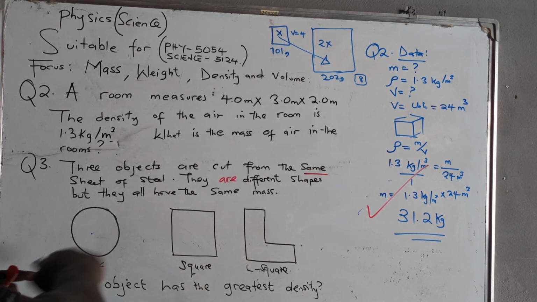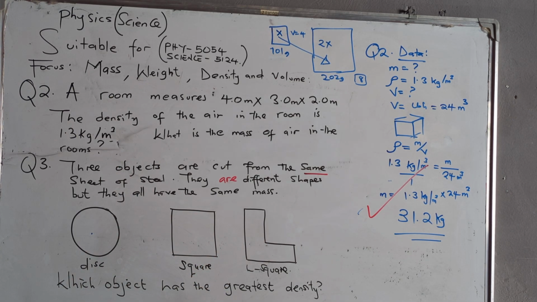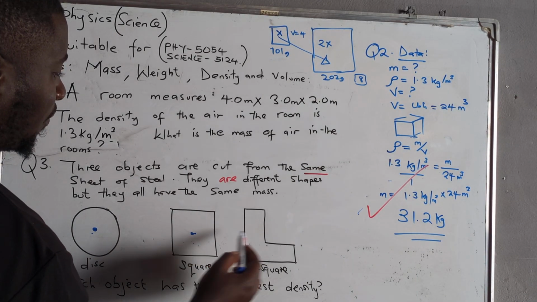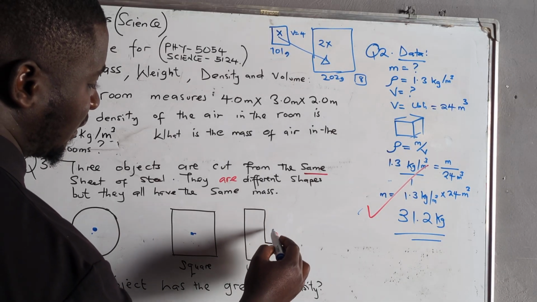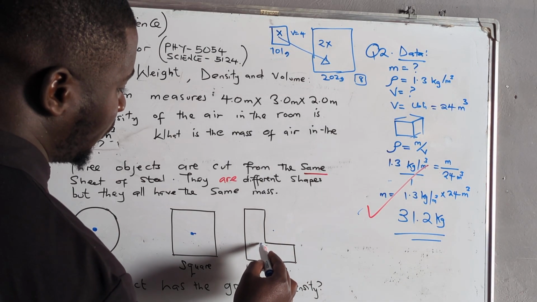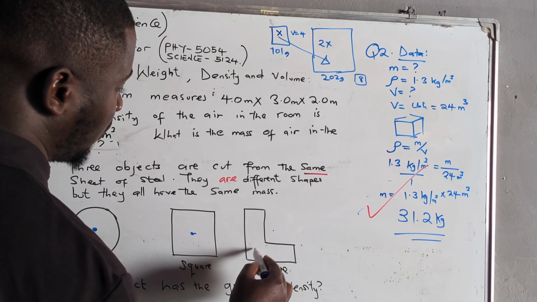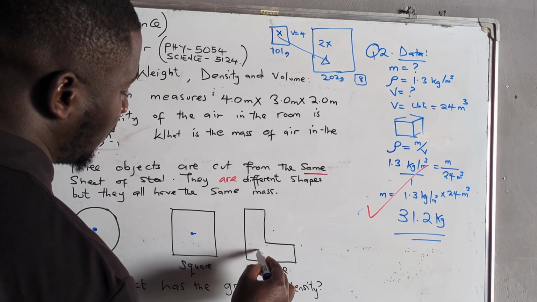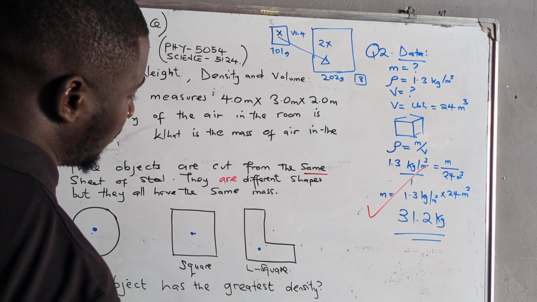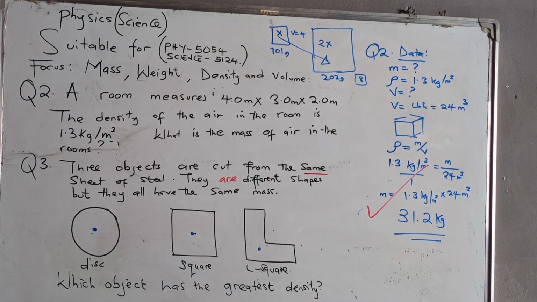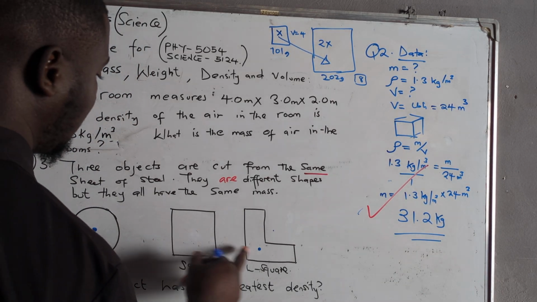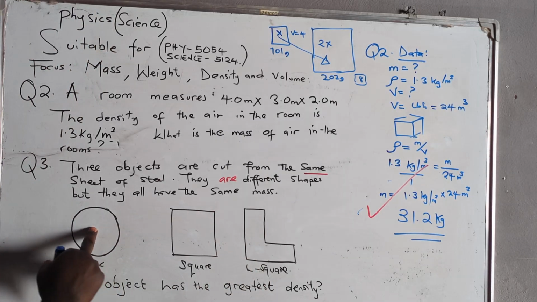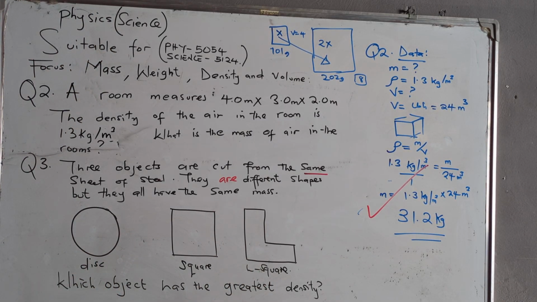The only thing that you can compare about different objects is the location of the center of mass. Of course, the center of mass can be here in a circle, and also here, but you discover in this object, since it's cut, that the center of mass can be somewhere here. So the center of mass is what can change, but when it comes to density, it's going to be the same.